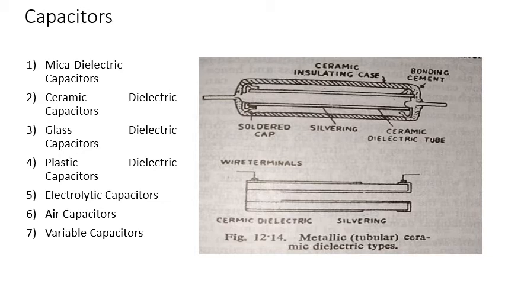The different types of capacitors are mica, ceramic, glass, plastic, electrolytic, air and variable capacitors. The figure is for ceramic dielectric capacitors. First we will see the mica dielectric capacitor.